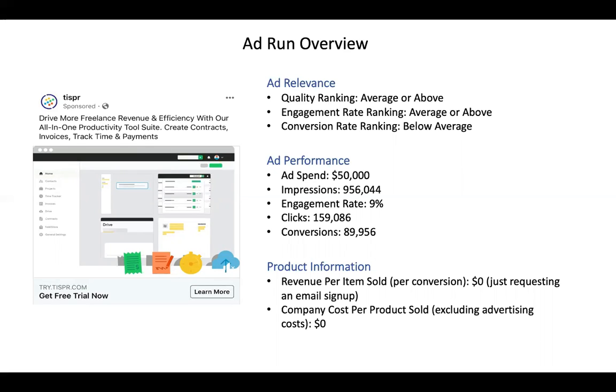The clicks, we got 159,086 clicks, but the conversions were a little low at 89,956, which we'll also talk about going forward. The product information is something we cover, but this did not really have any ROI because the key performance indicator that we were looking for was how many email leads we got through this free trial offer.